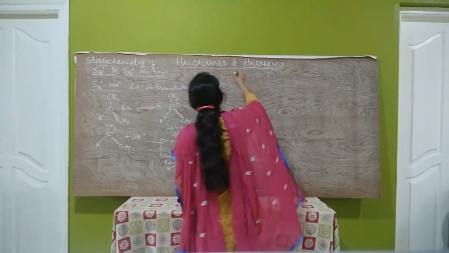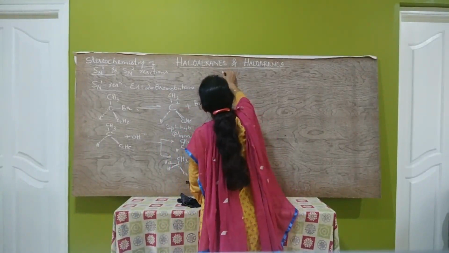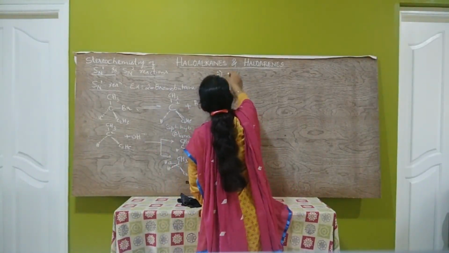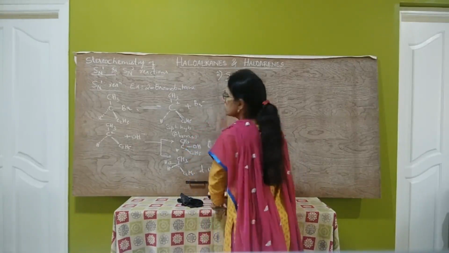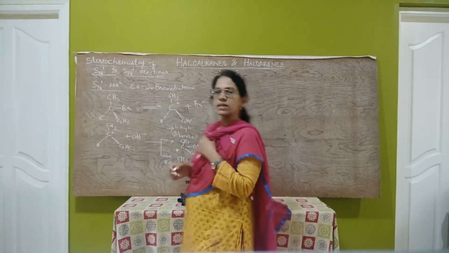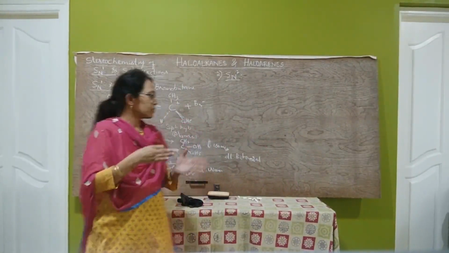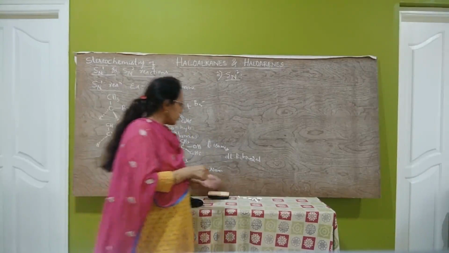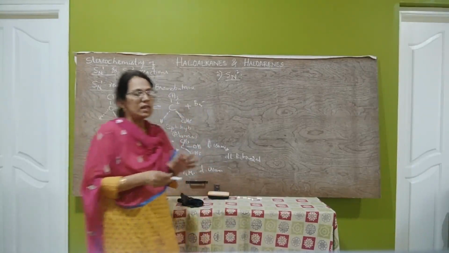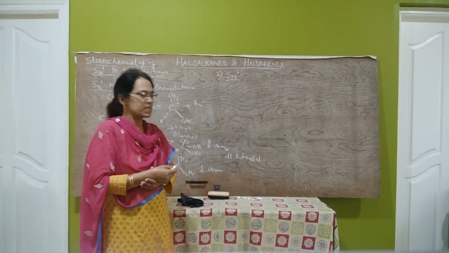Now the second one is the SN2 reaction, the stereochemical aspect of the SN2 reaction. SN2 results in inversion of configuration. During the SN2 reaction, inversion of configuration takes place.